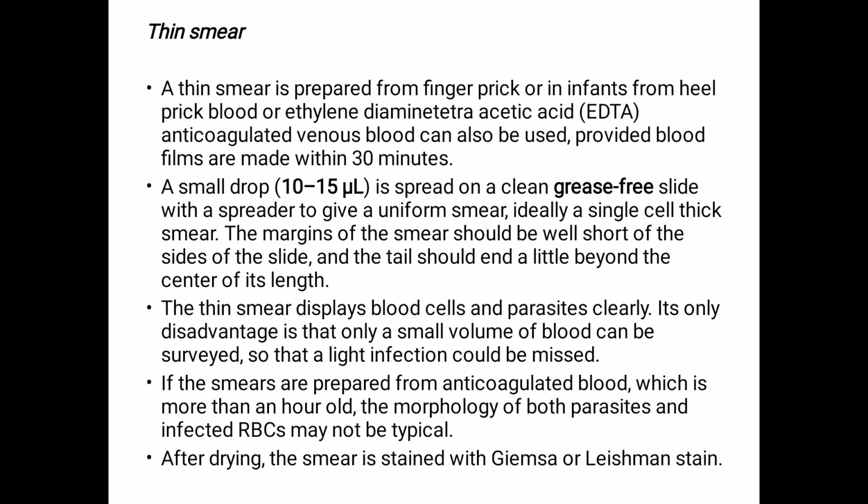A small drop, around 10 to 15 microliters, is spread on a clean, grease-free slide with a spreader to give a uniform smear, ideally a single cell thick. The margin of the smear should be well short of the sides of the slide, and the tail should end a little beyond the center of its length.